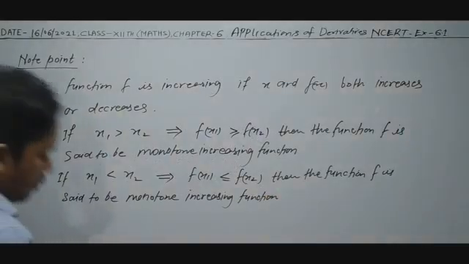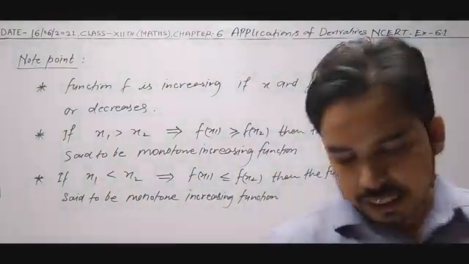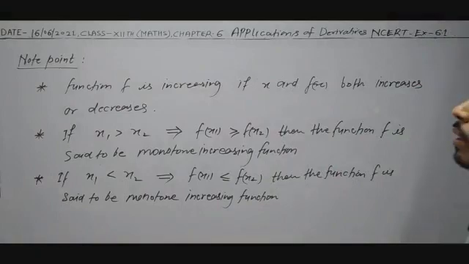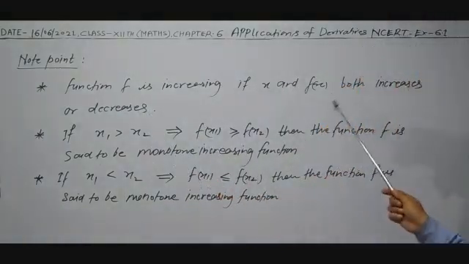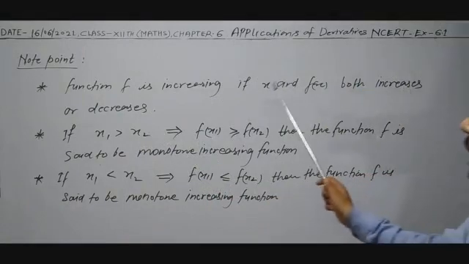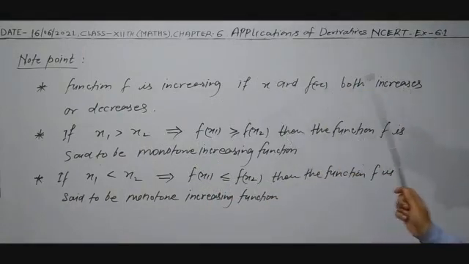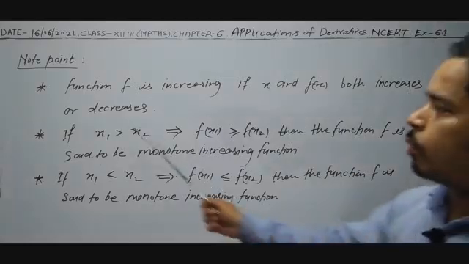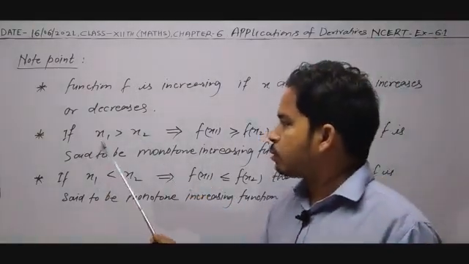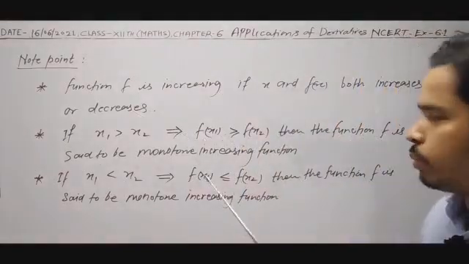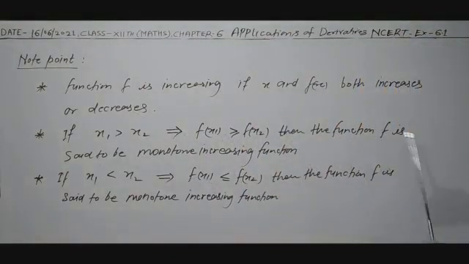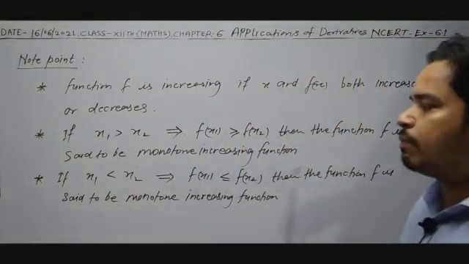Now see, there are three note points. First, function f is increasing if x and f(x) both increase, or both decrease. If x1 is greater than x2, this implies f of x1 is greater or equal to f of x2, then the function f is a monotone increasing function.